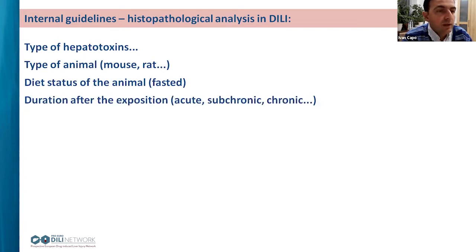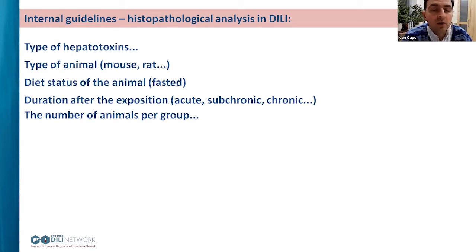Then we need to know how long the animal model will last, whether it is acute, subchronic, or chronic, and according to that, we will have different histological interpretation or different histological patterns in the analysis. Then we will have the number of animals. We usually use about 7 or 8 animals per group.